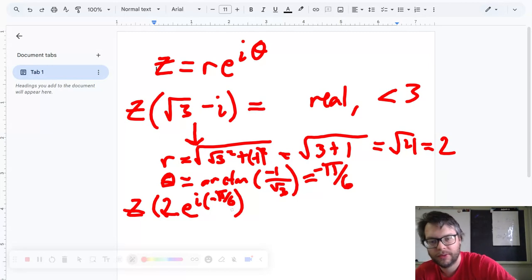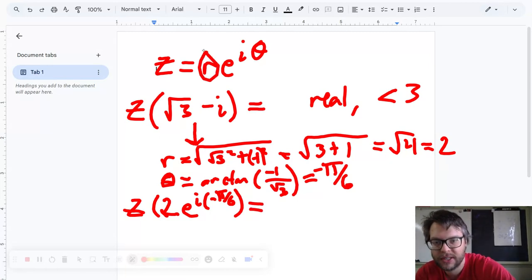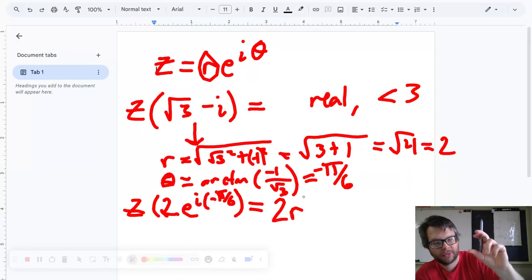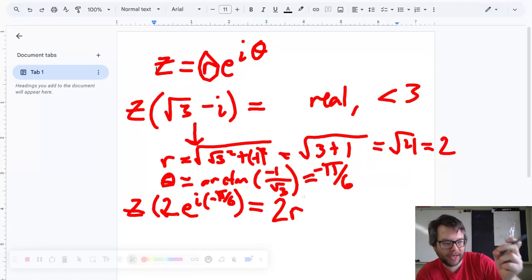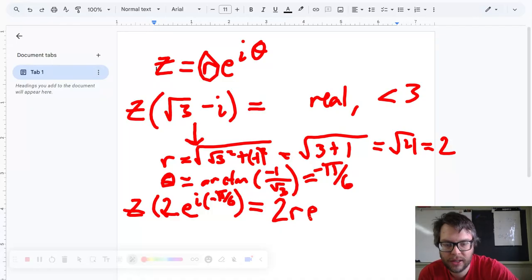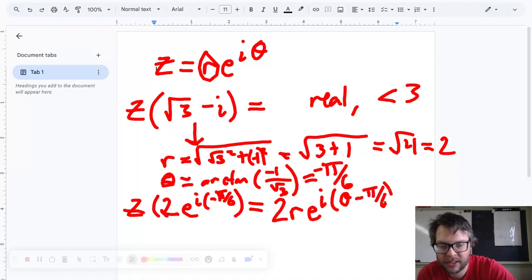And when we multiply there, we know that the r value from z multiplies by 2, so I have 2r. And we know that when you multiply one exponential by another, you add the powers. So we have r e to the i, and our new power is theta plus negative pi over 6.